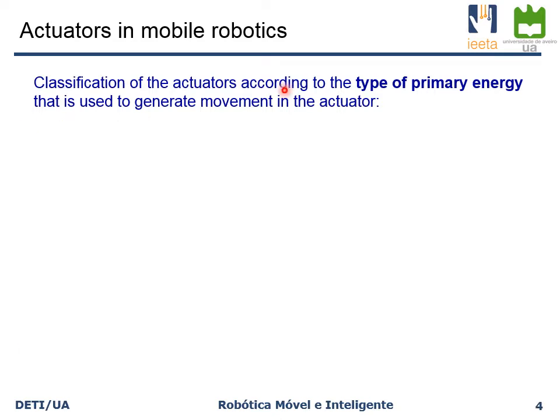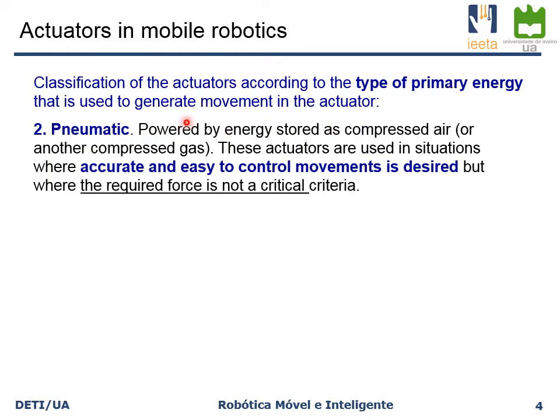The second type of actuators, according to the type of primary energy, are the pneumatic actuators. In this case, we are talking about actuators that are powered by energy which is stored as compressed air or some form of compressed gas. And these actuators are used in situations where we want an accurate and easy to control movement for this particular application, but that in turn requires a force which is not a critical criteria.